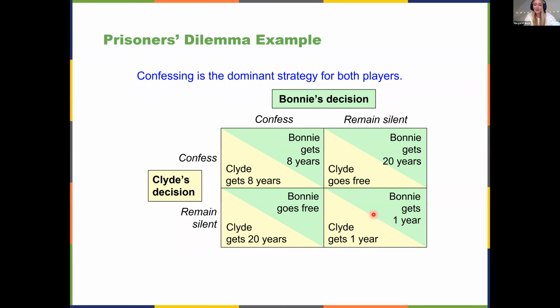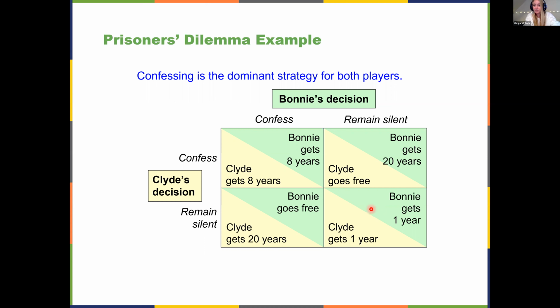But given the situation that the cops have set up for them, and these really high prison outcomes if they get blamed, this forces both of them to want to confess and break the agreement. This forces them not to cooperate, but to act in a self-interested way.